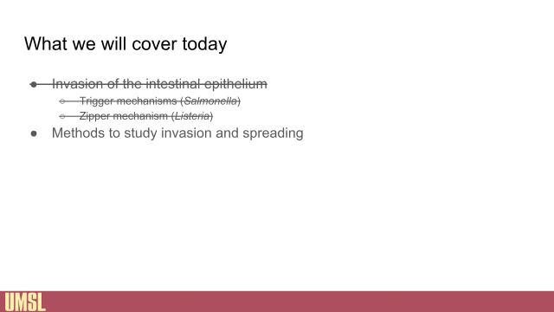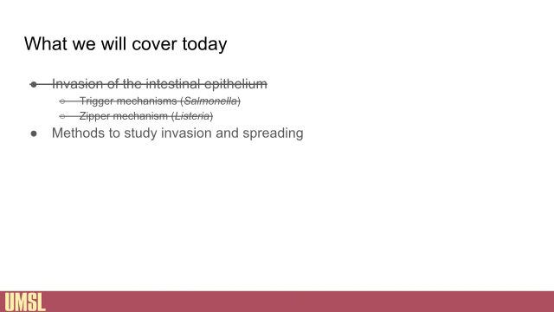And I'm going to talk to you about two different model systems. One that involves what's known as a trigger mechanism for invasion of epithelial cells. The other is what's known as a zipper mechanism for invading epithelial cells. And I'm going to use two different model bacterial pathogens, gastrointestinal pathogens, as a backdrop for giving you the fundamentals of what's going on with these two modes of host-cell invasion.